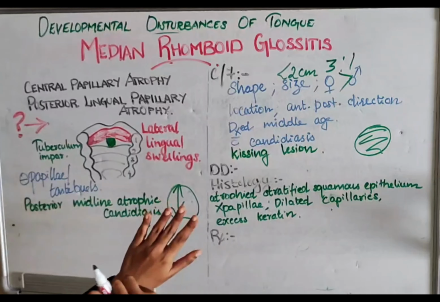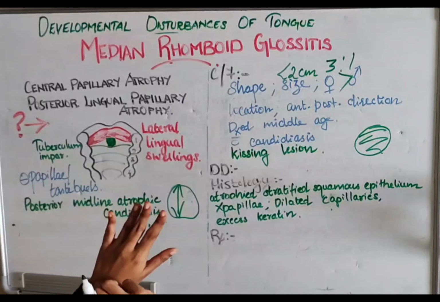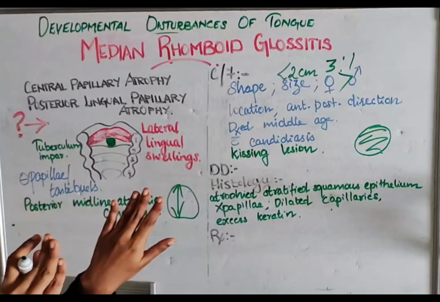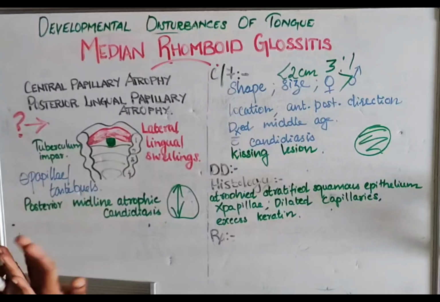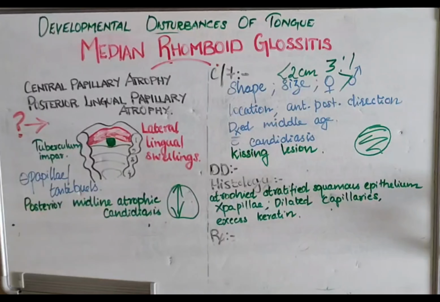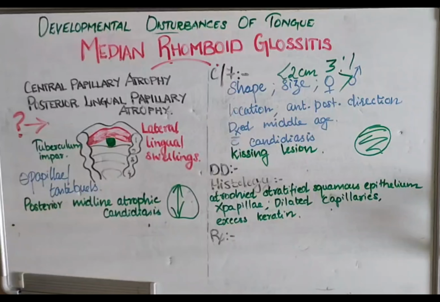Posteriorly you will have the erythematous median glossitis area. Above you will have your soft palate. Due to the constant contact of your tongue with your palate, even your palate can have the same erythematous area. So it is called a kissing lesion, because of the constant contact between your tongue and your palate.